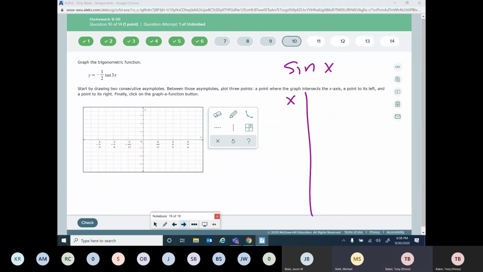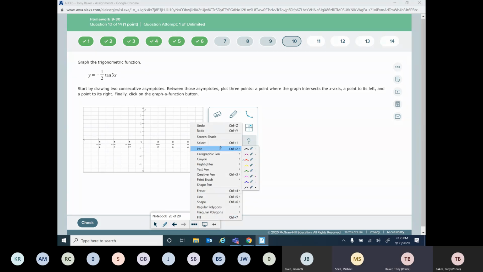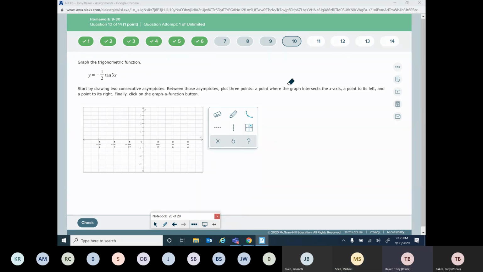All right, new function. Tangent. So now, when we're looking at the parent function for tangent, we have asymptotes. They want you to draw 2 consecutive asymptotes, and between those points, plot 3 points. So when we're looking at these, we actually don't want to use the 0 and up.